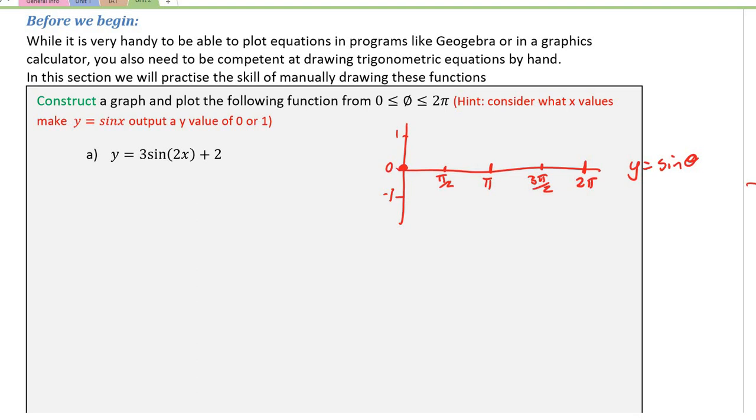Well, it's the unit circle. So how long is the radius of the circle? Just one. So if we're at the very top of that circle at 90 degrees, what's our y coordinate? 1. So at sine theta, if theta equals pi on 2, I'm at positive 1.